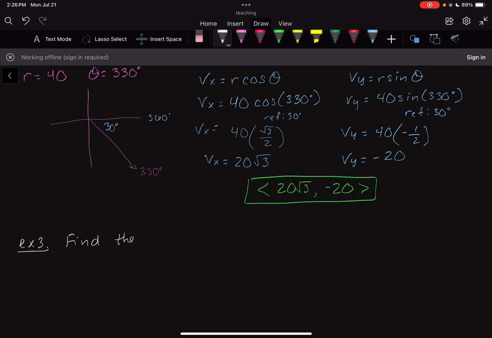Find the magnitude and direction angle, or sometimes I call it directional angle. It doesn't really matter. Direction angle of vector v, and I'll write the vector in component form.